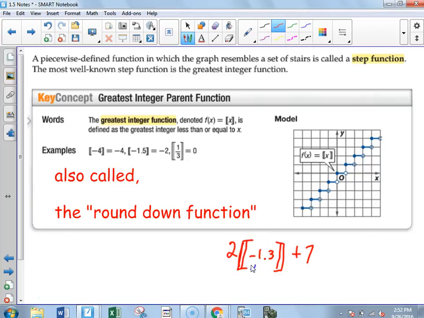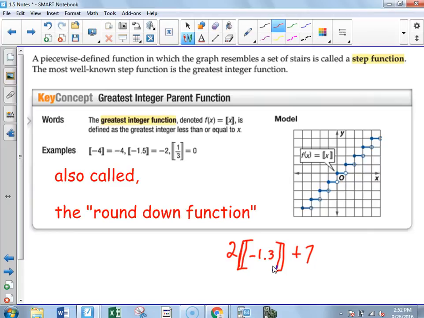What is the greatest integer less than or equal to negative 1.3? Picture a number line, guys. Less than means it's got to go to the left, right? What's less than? The temperature drops from negative 1.3. It's actually negative 2. If it was positive 1.3, it would go down to 1, yes? But if it's negative 1.3, it would drop down to negative 2.